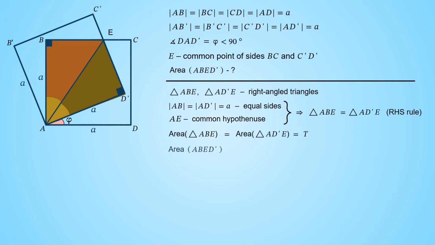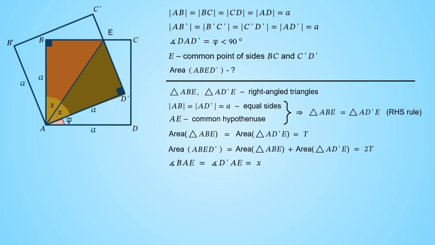In this case, the area of quadrilateral ABED', which is the sum of the areas of triangles, equals 2T. Also, from the equality of triangles, it follows that angle BAE equals angle D'AE. And let x be the value of these angles.